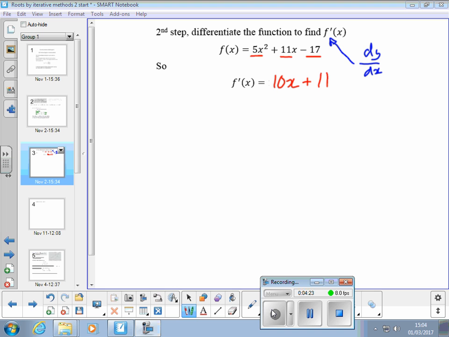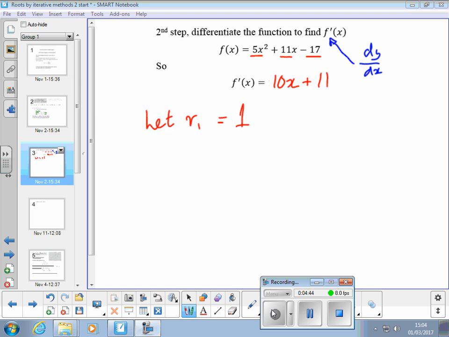So, we could choose to have our first guess as R1. We're going to let R1, the first guess, equal 1. We know that we've got a root between 1 and 2. We could start with 2. Wouldn't make any difference. Okay?